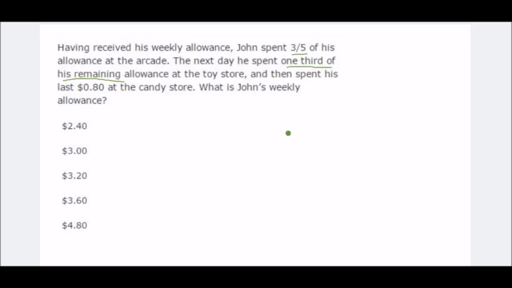In fractions, the total value is always 1, right? Remember it. So the remaining allowance will become 1 minus 3/5, which is 2/5. Next condition is 1/3 of the remaining. That is 1/3 of 2/5, which will become 2/15.